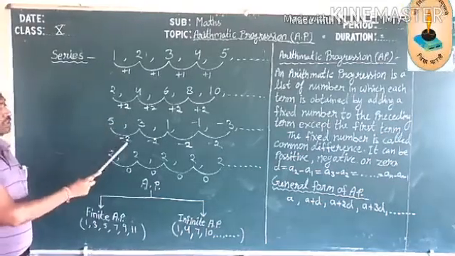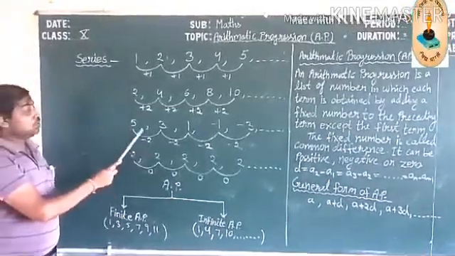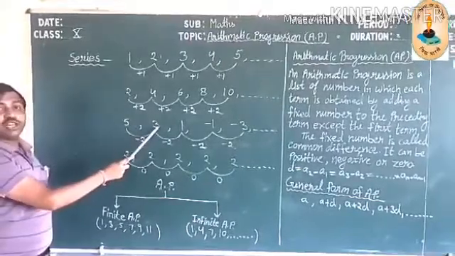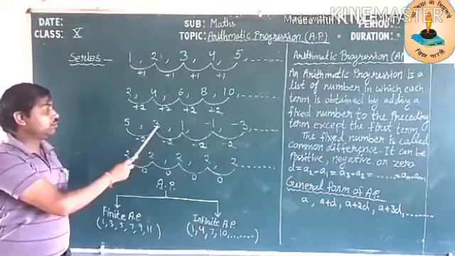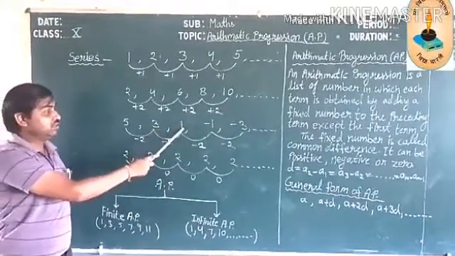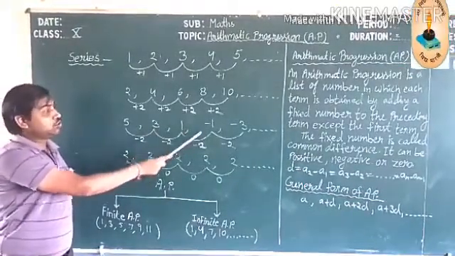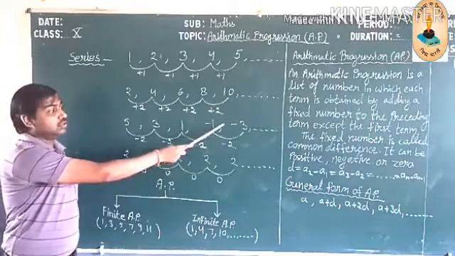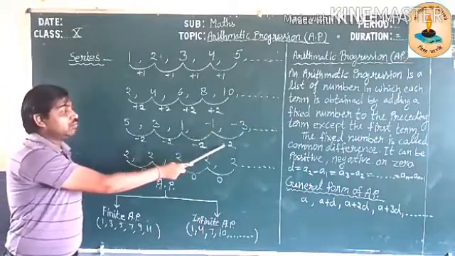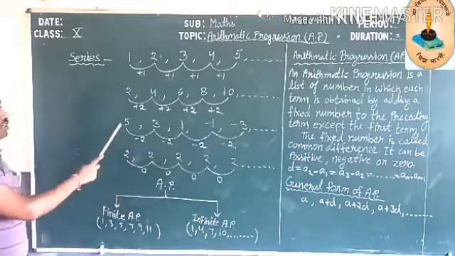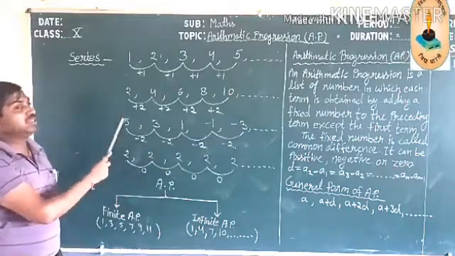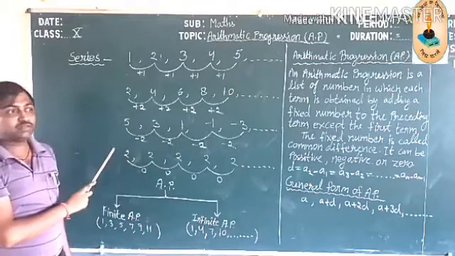We have to subtract 2. 5 minus 2, we get 3. Similarly, we subtract 2 from 3, we get 1. 1 minus 2, minus 1. Minus 1, minus 2, minus 3. Means every number is 2 less than the preceding number.